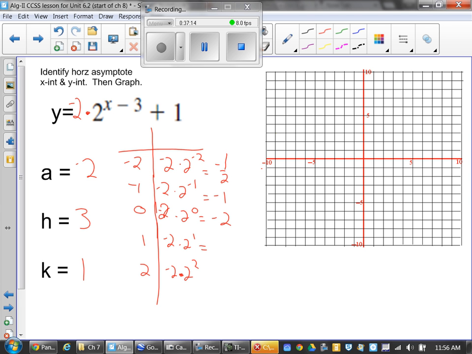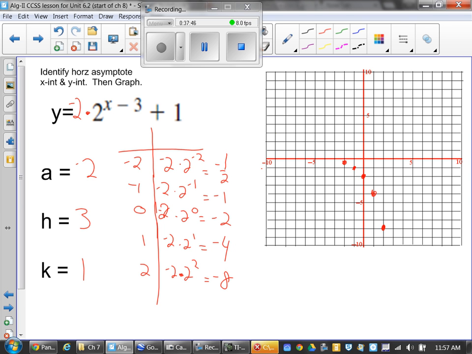Wait, I screwed something up here. Yeah, negative 4. I'm sorry, I'm looking at it wrong. And this is negative 8. So your ordered pairs are as follows: negative 2 at negative 1/2, negative 1 at negative 1, 0, negative 2, 1, negative 4, 2, negative 8.